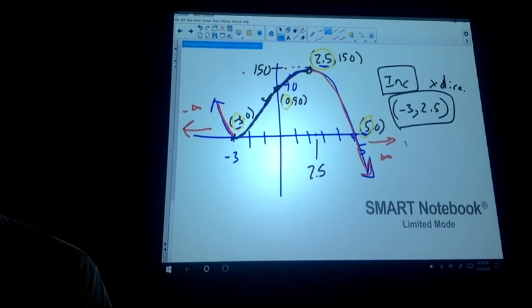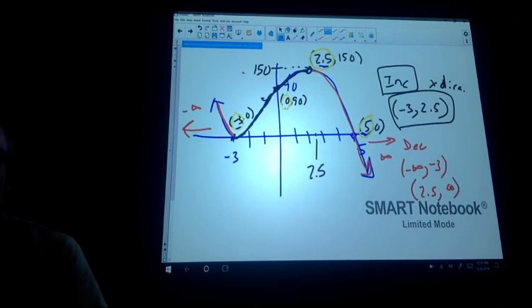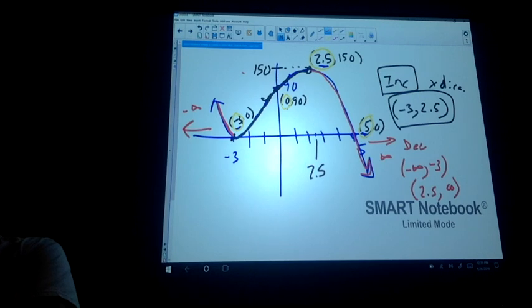Okay, so this is decreasing from -infinity to -3. And then it's also decreasing from 2.5 to infinity. Does that make sense? And again, I'm using the x directions to represent what our graph is doing.